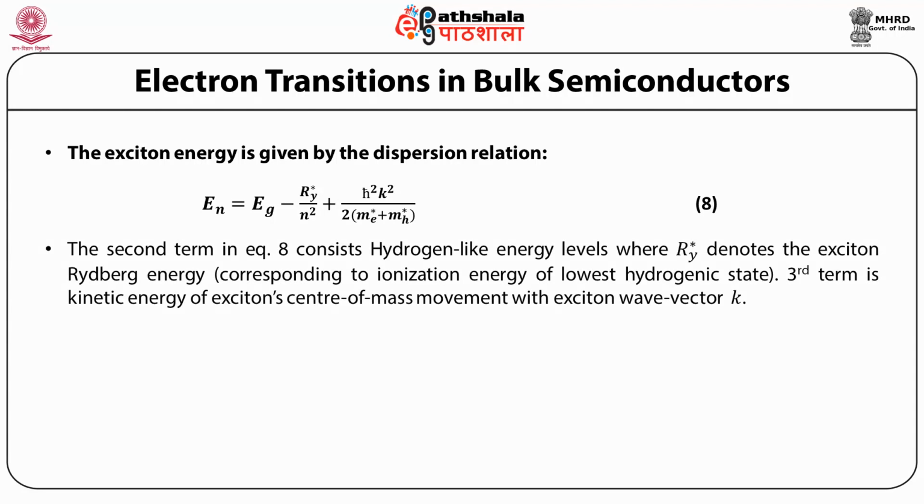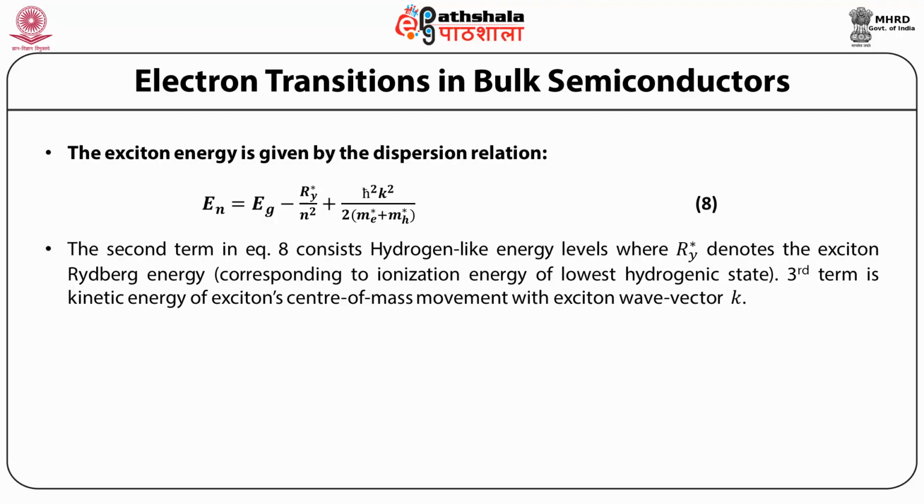So the second term in this equation consists of hydrogen-like energy levels, where Ry star denotes the exciton Rydberg energy corresponding to the ionization energy of the lowest hydrogenic state.